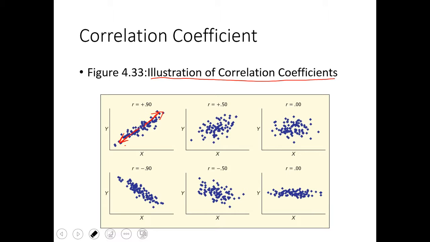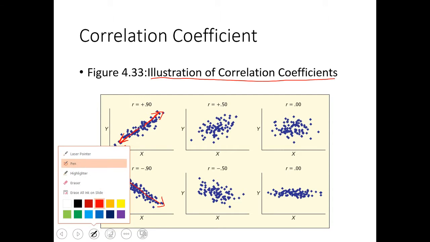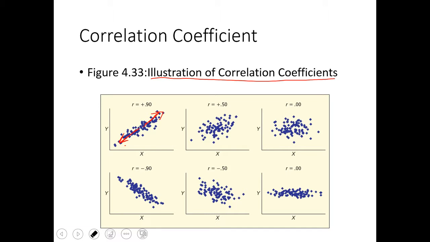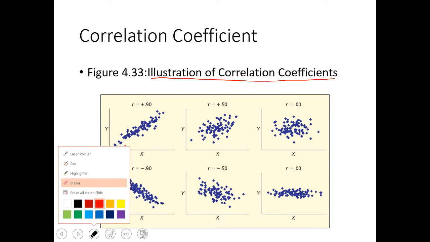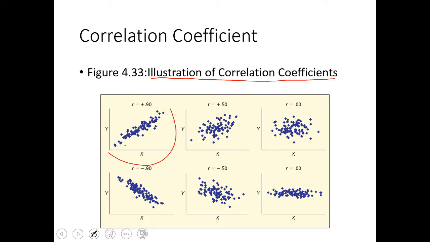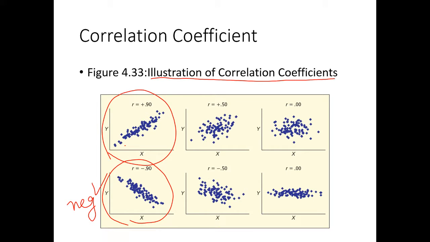In this case, we say that these two data are negatively correlated. So the first case and the second case are both very highly correlated cases. But the second one is negatively correlated, and the first one is positively correlated.